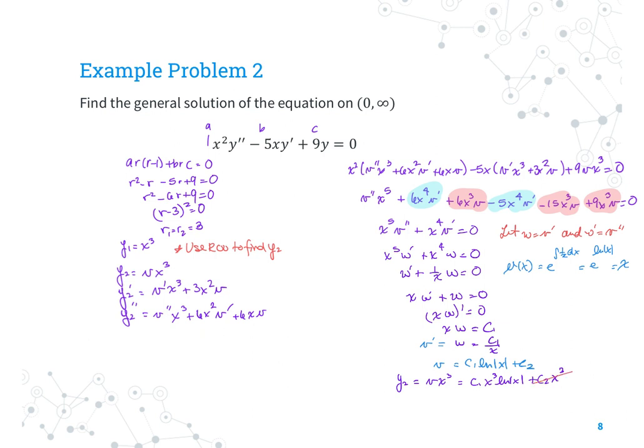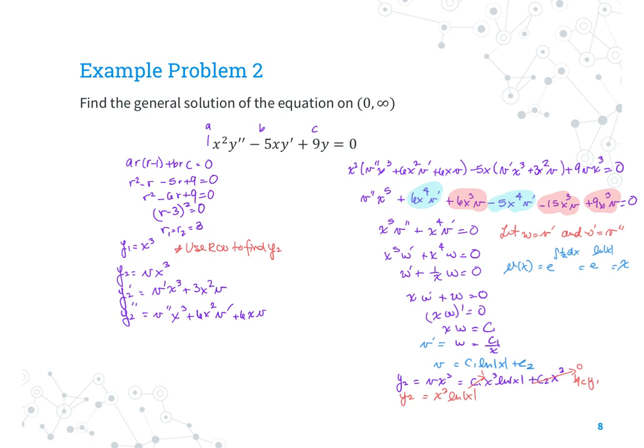Well, and again, this is where we let c2 be 0, right? Let this go to 0 because this is y1. And we'll let c1 go to 1. So we really end up with y2 being x cubed times the natural log of the absolute value of x.